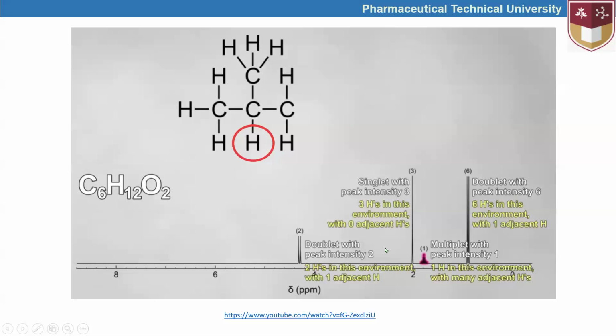It has only one hydrogen, and it has many adjacent hydrogen atoms. How many? 4 plus. 1, 2, 3, 4, 5. So as the starting point, we can make a conclusion.